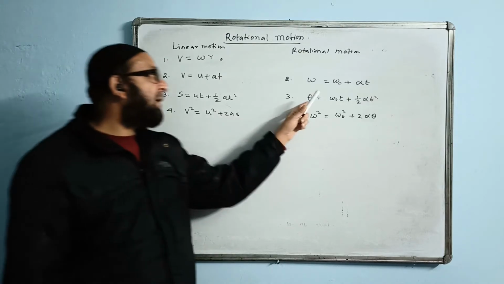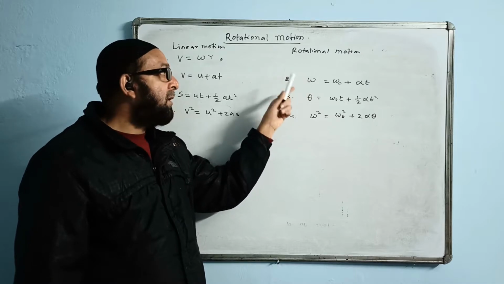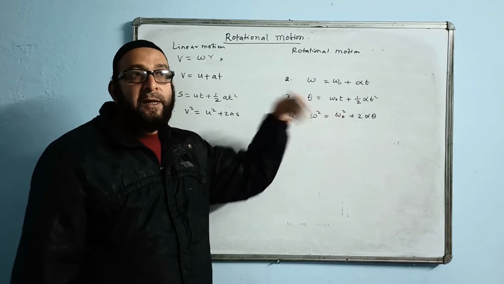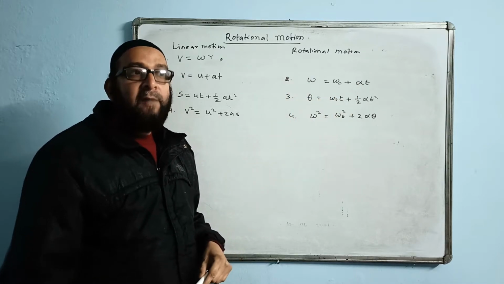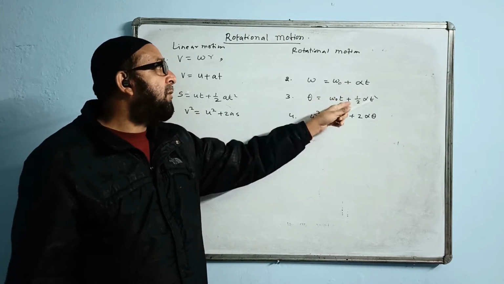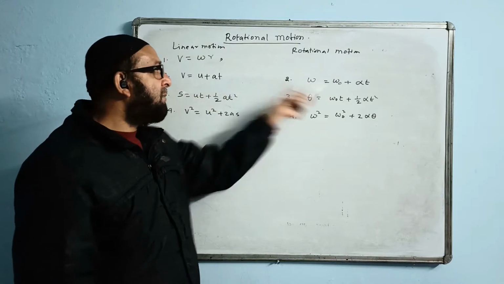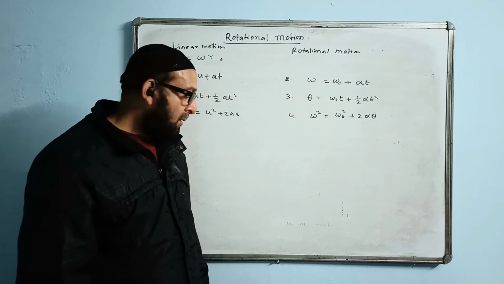The SI unit of theta is radian, the SI unit of omega is radian per second, and the SI unit of alpha is radian per second squared. If there is a retardation, we will put a minus sign over here. Whatever sign convention we take here, the same sign will apply in this case.